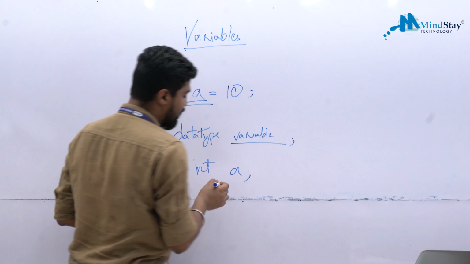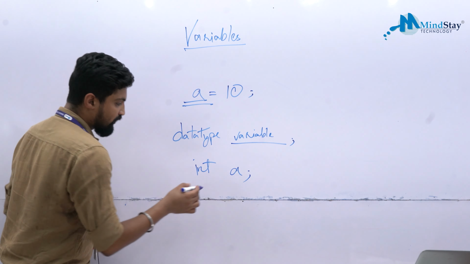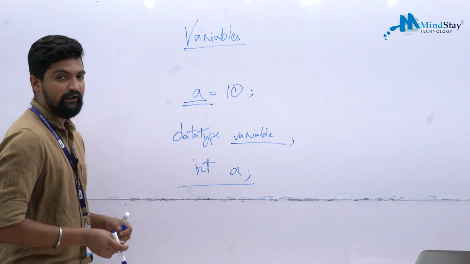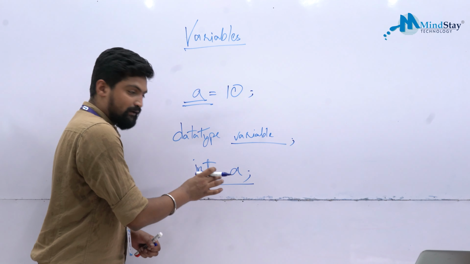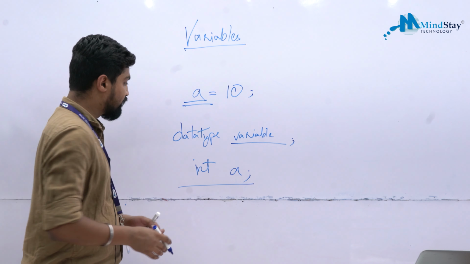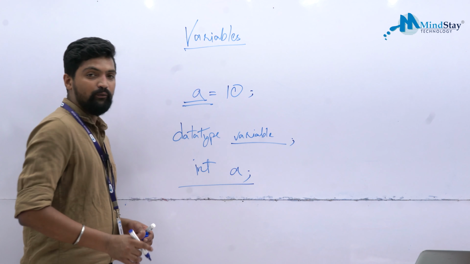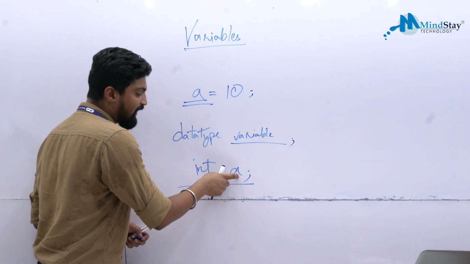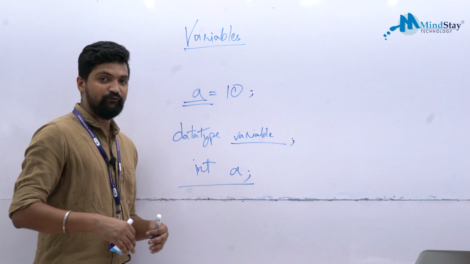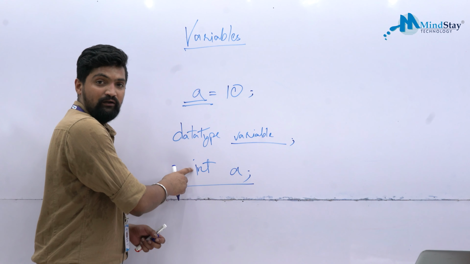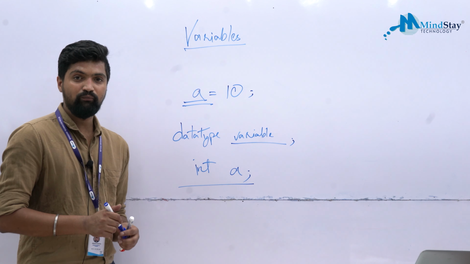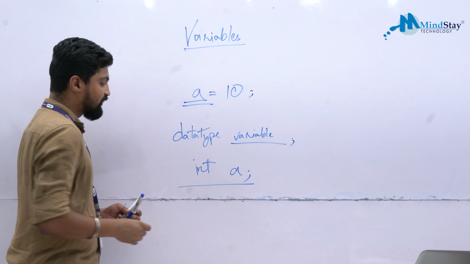Here we are just declaring a variable this way. First I am declaring a variable with a data type that it can store a value in. Here I am just specifying this A is a variable that I have created of integer data type.